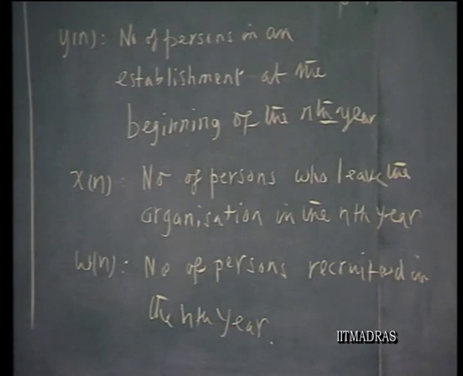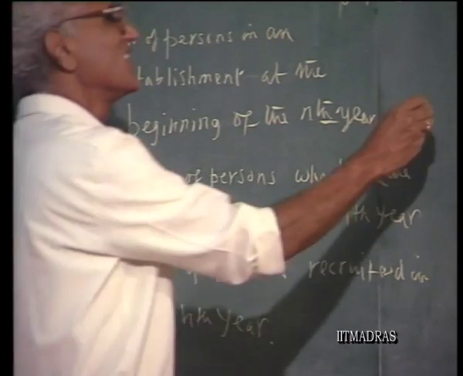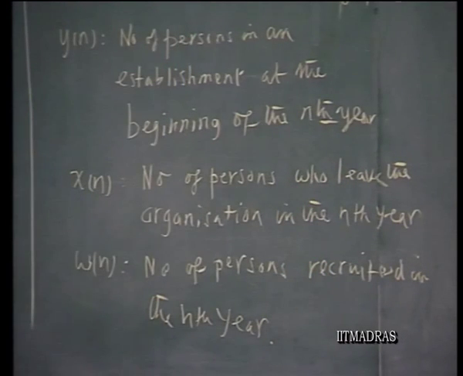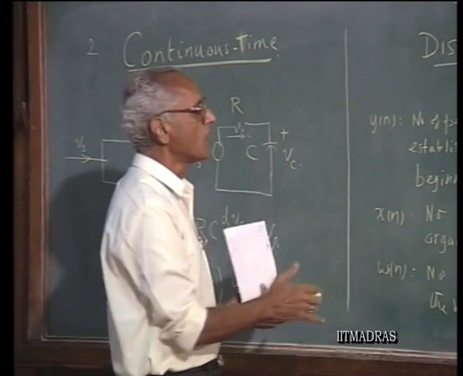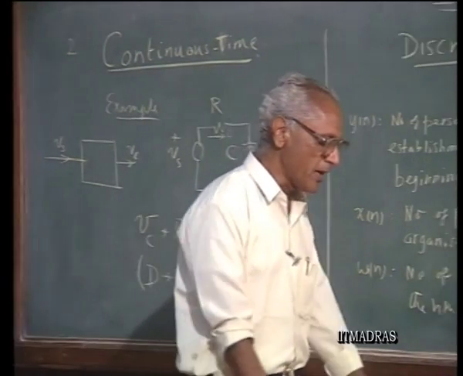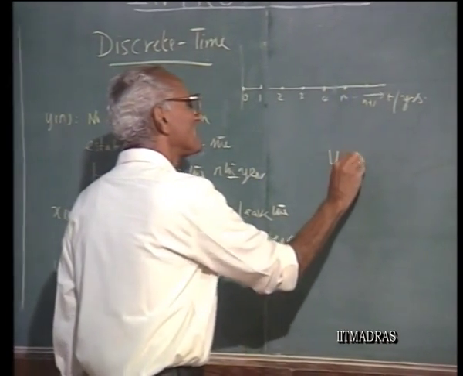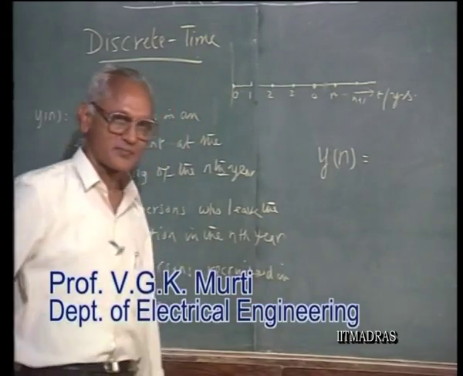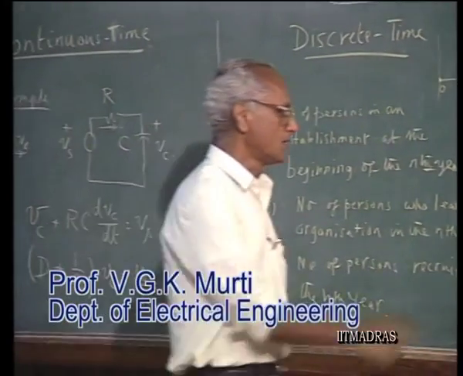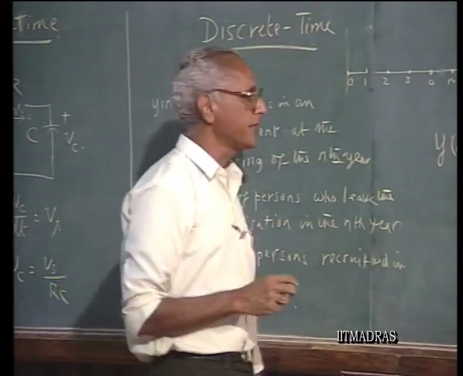Then you can clearly see that, given these variables which describe the operation of the system, we are interested in the number of people employed in the organization. yn is the number of persons at the beginning of the nth year.